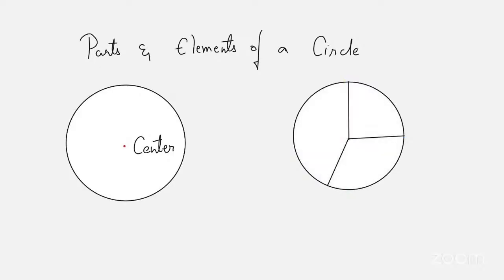What am I doing? I am showing you that when we draw lines from the center of a circle to different points on the boundary of the circle, it is known as a radius.